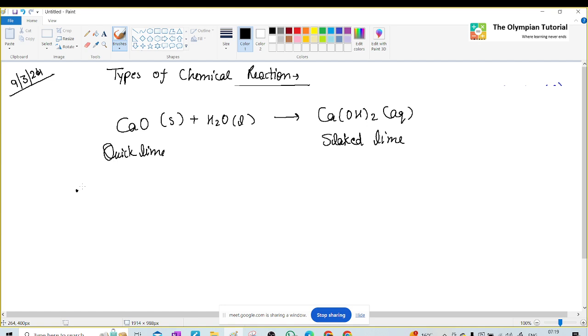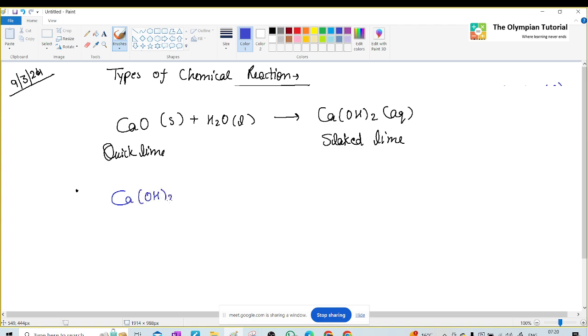Calcium carbonate is formed after 2 to 3 days of whitewashing and gives a shiny finish to the walls.